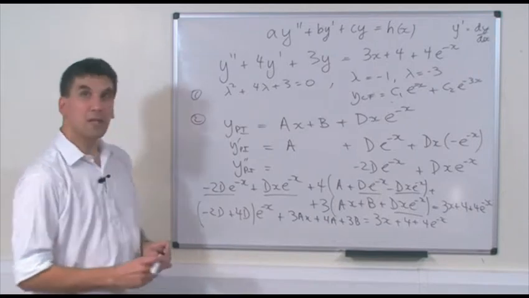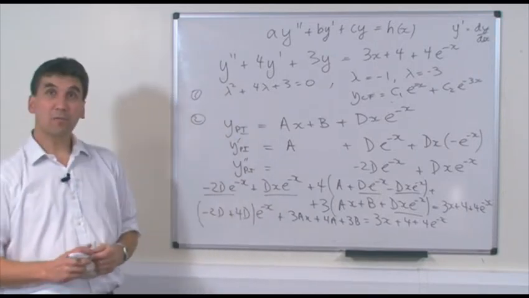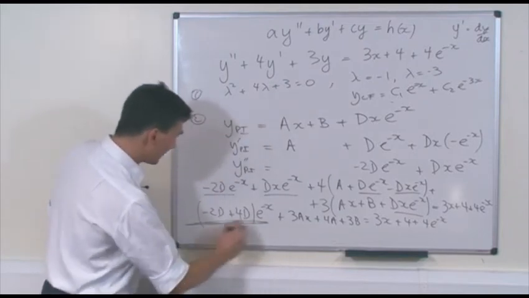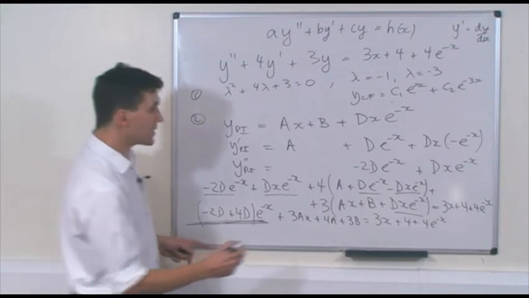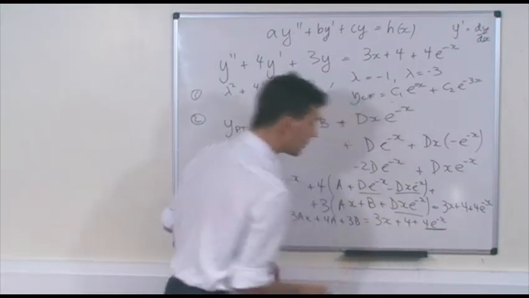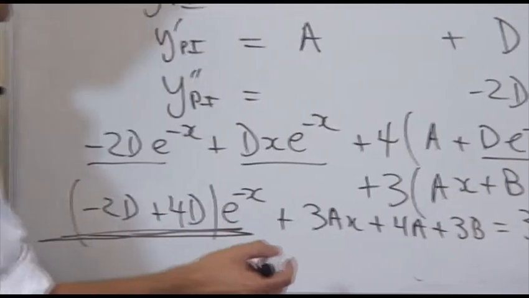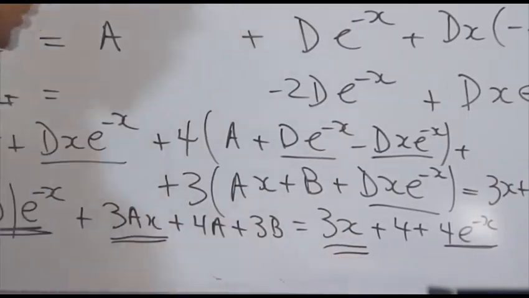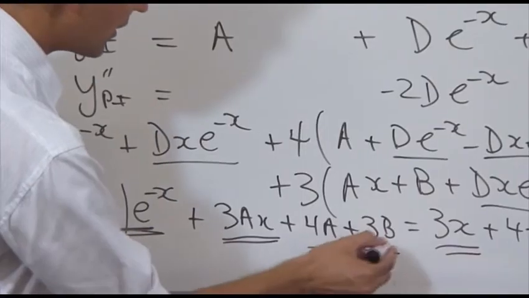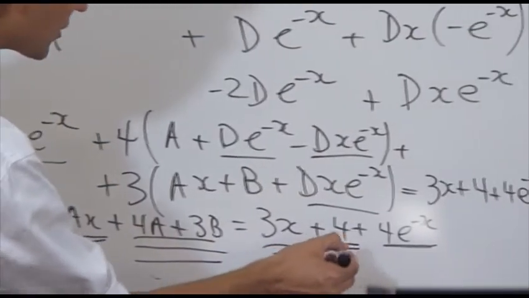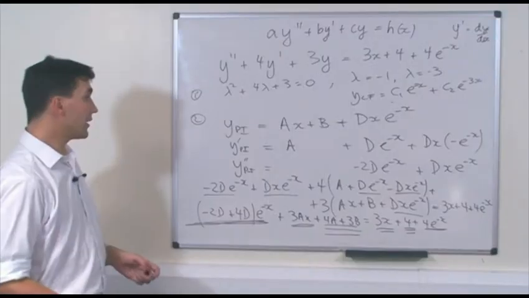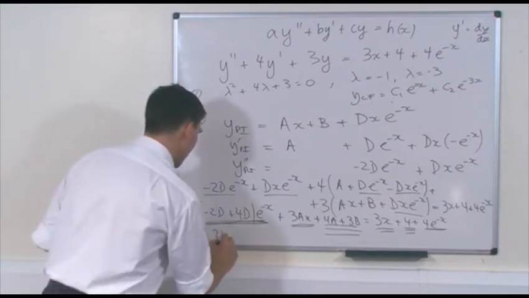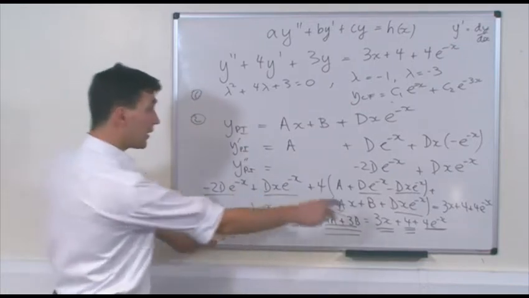So if these things are going to be equal, and not just equal, but equal for every value of x, then the exponential term over here on the left has to be exactly the same as the exponential term on the right. The term that's linear in x over here on the left has to be exactly the same as the term that's linear in x on the right. And the term that's constant on the left has to be exactly the same as the term that's constant on the right.